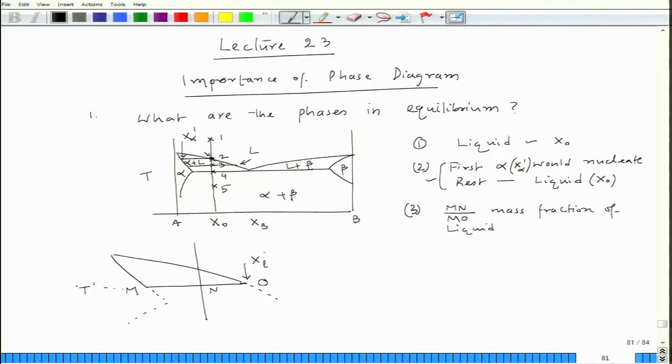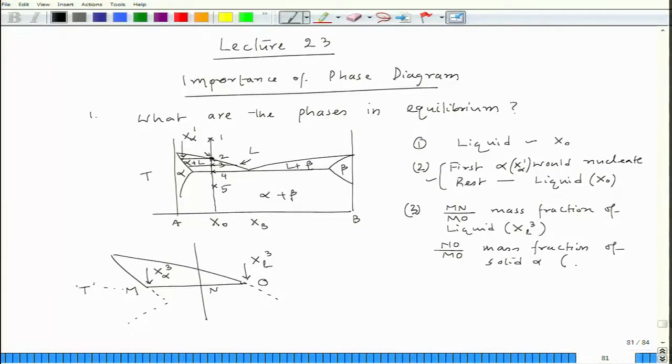Since I am considering point 3, I can put it as x liquid of 3. This composition is also in equilibrium with the alpha phase that is evolving, and at that time the alpha phase fraction would be NO divided by MO mass fraction of solid alpha of composition x alpha 3.